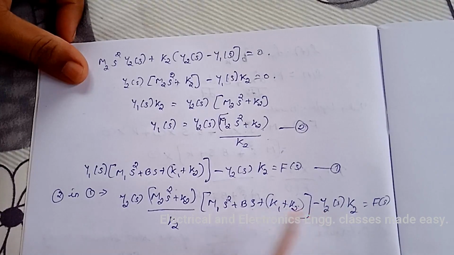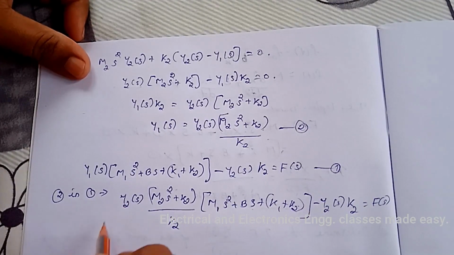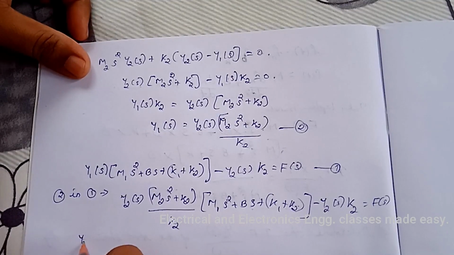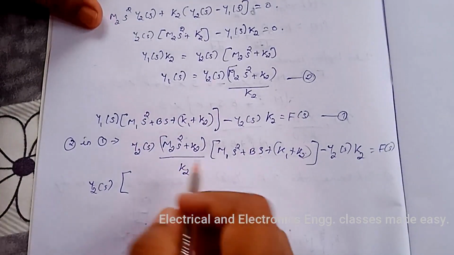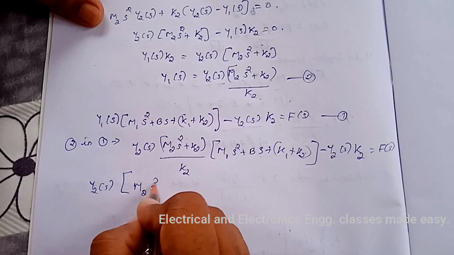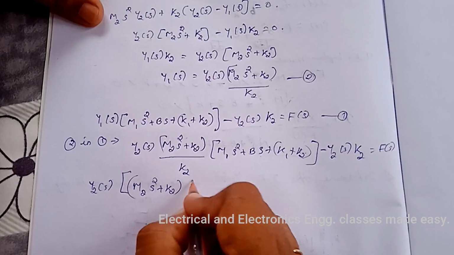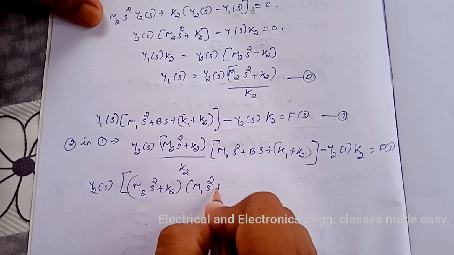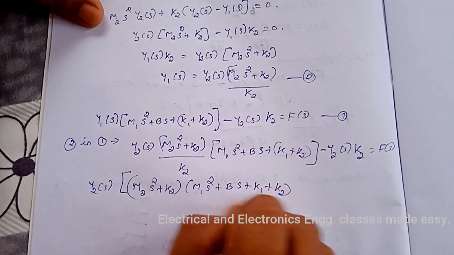Now this Y2(s) we can take outside, that is Y2(s) into m2 s square plus k2 into m1 s square plus bs plus k1 plus k2.